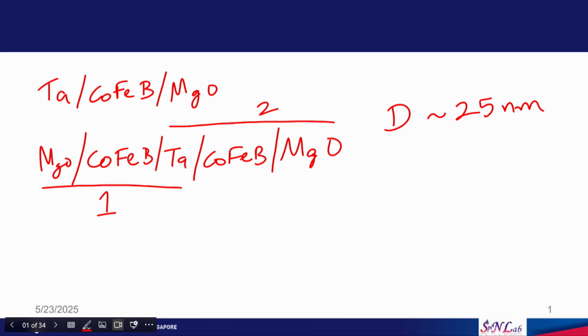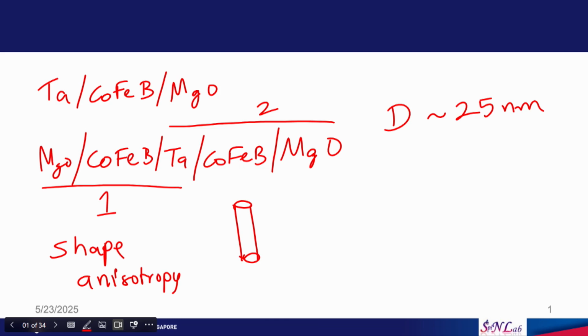After this, people also started exploiting shape anisotropy by making MRAMs tall and small. They get MRAM MTJs like this.